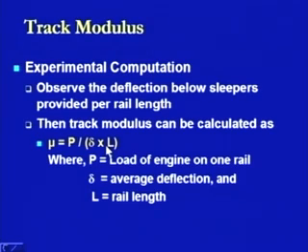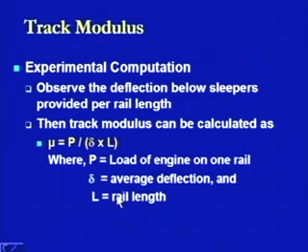So, this is a load which is coming from the top. We know that this is the load of the engine on one rail, say, and L is the length of the rail section, and delta is the average deflection. P is known previously, and L is also known previously.